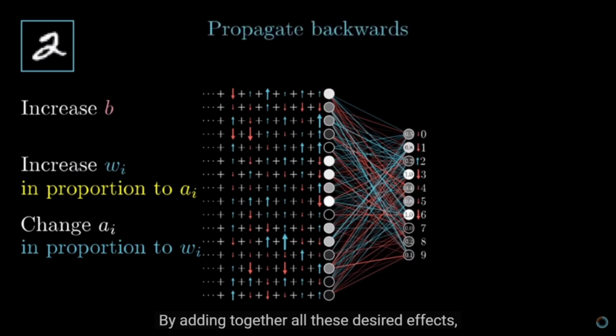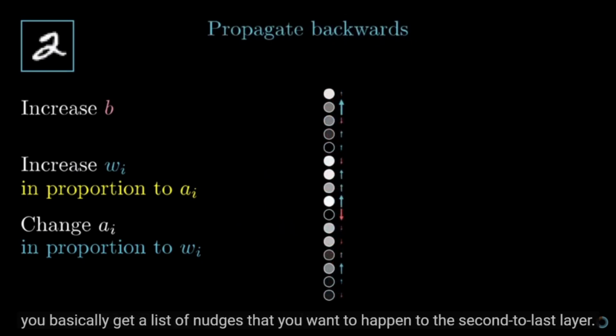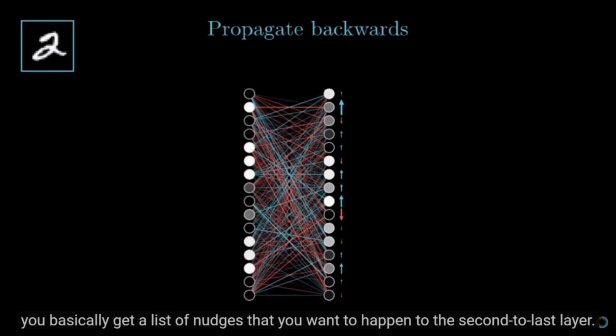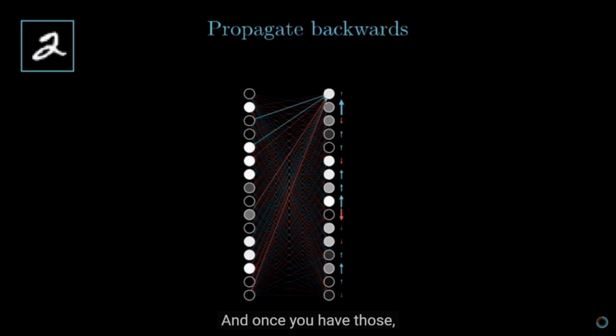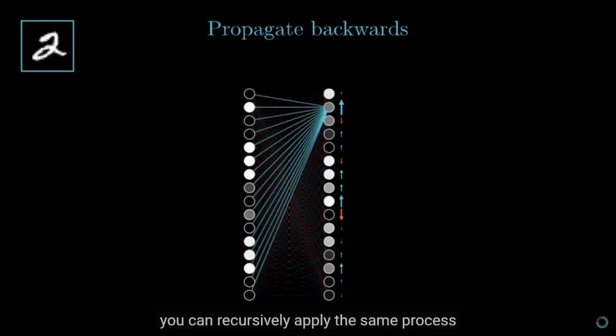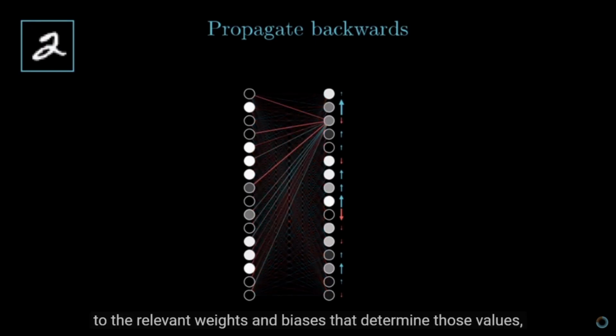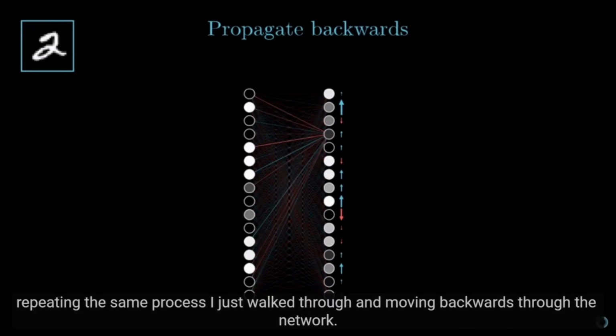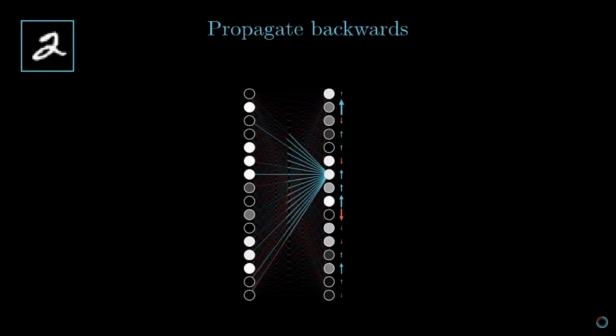By adding together all these desired effects, you basically get a list of nudges that you want to happen to this second to last layer. And once you have those, you can recursively apply the same process to the relevant weights and biases that determine those values, repeating the same process I just walked through and moving backwards through the network.